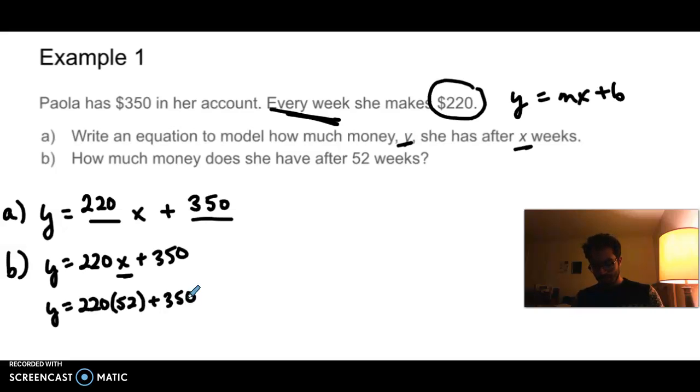And if we use our calculator, we have 220 times 52 plus 350. We get $11,709. That's how much she'll have after 52 weeks.